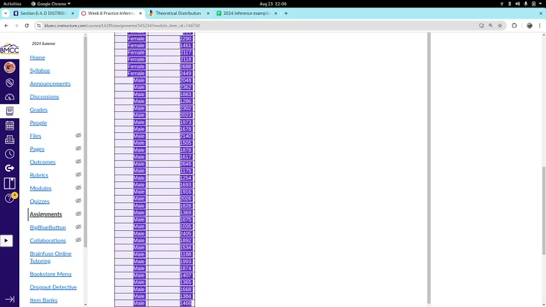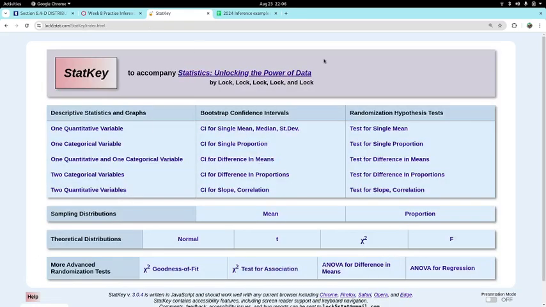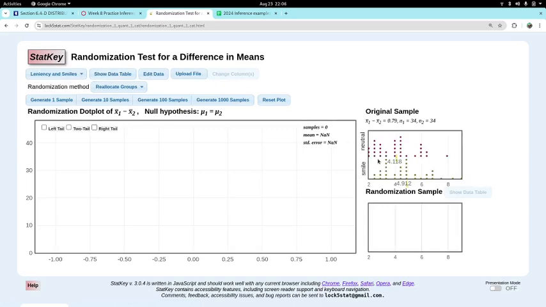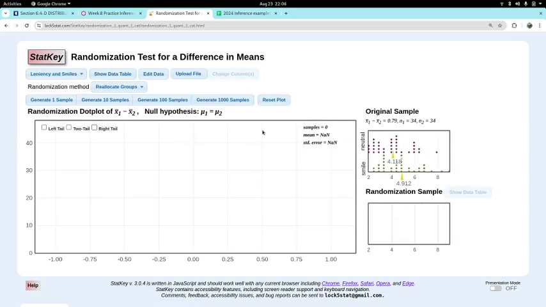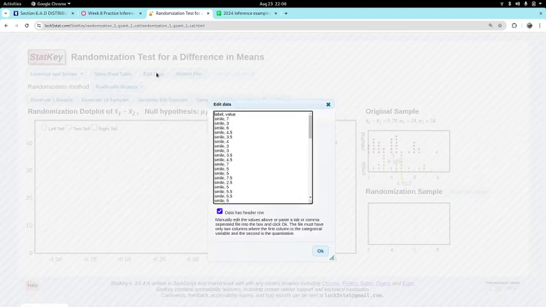All right, and then I'm going to go back to StatKey. So that was the theoretical. I'm going back here. I'm doing a hypothesis test, so that means I'm in the 3rd column. And this is a test for difference in mean, so I want that option. My data is not one of the preloaded ones in StatKey, so I'm going to have to edit this data out and paste my data in.